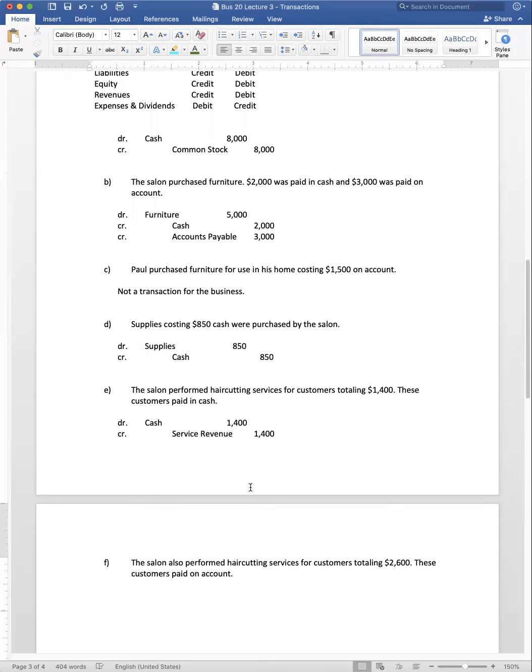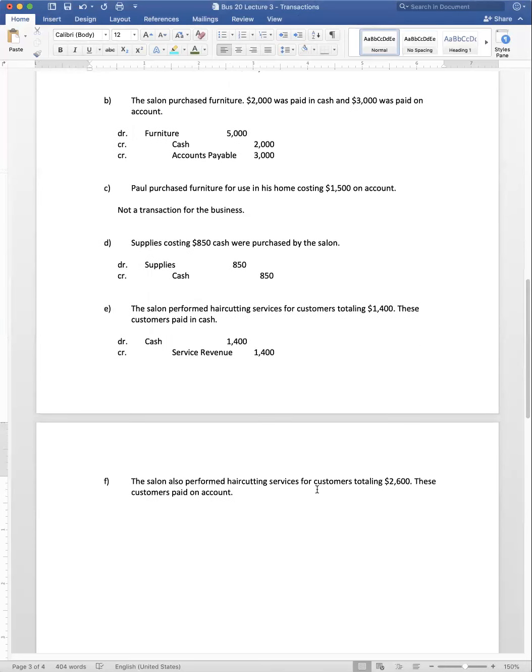The salon also performed haircutting services for customers totaling $2,600. These customers paid on account. All right, so this is the same thing as what happened in E, except for how the customers paid. So in E, they paid in cash, but in F, they paid on account.